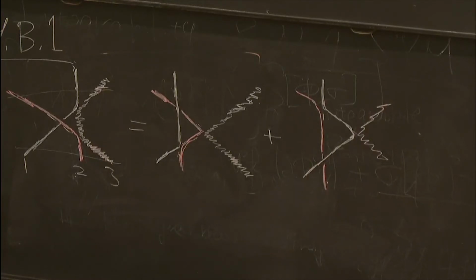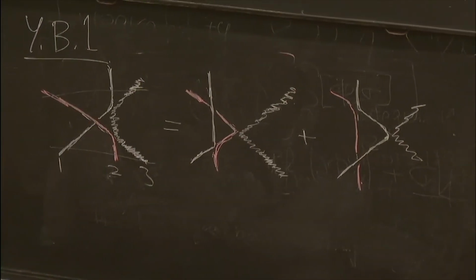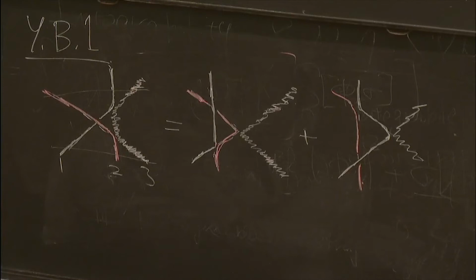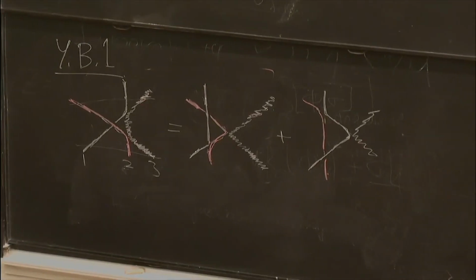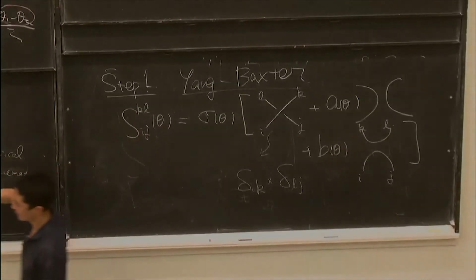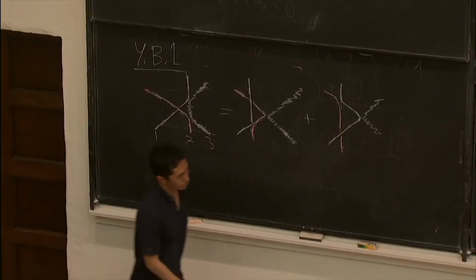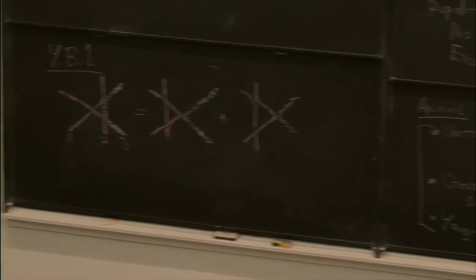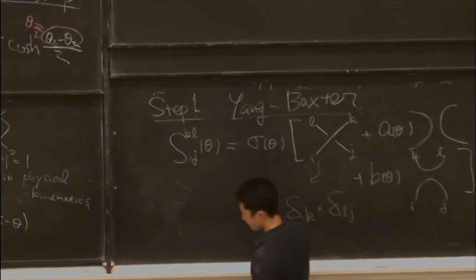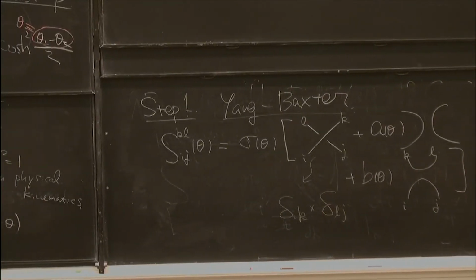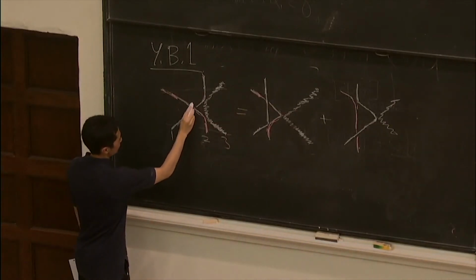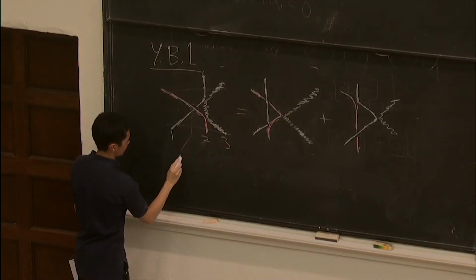Okay. So then let's analyze the consequence of this. First of all, this doesn't give you any constraint on sigma, because sigma is an overall factor, and it's common on both sides. So what you can hope to constrain is just A and B. Let's see how A and B appear here. Here I have just a usual cross, so this just gives you 1.